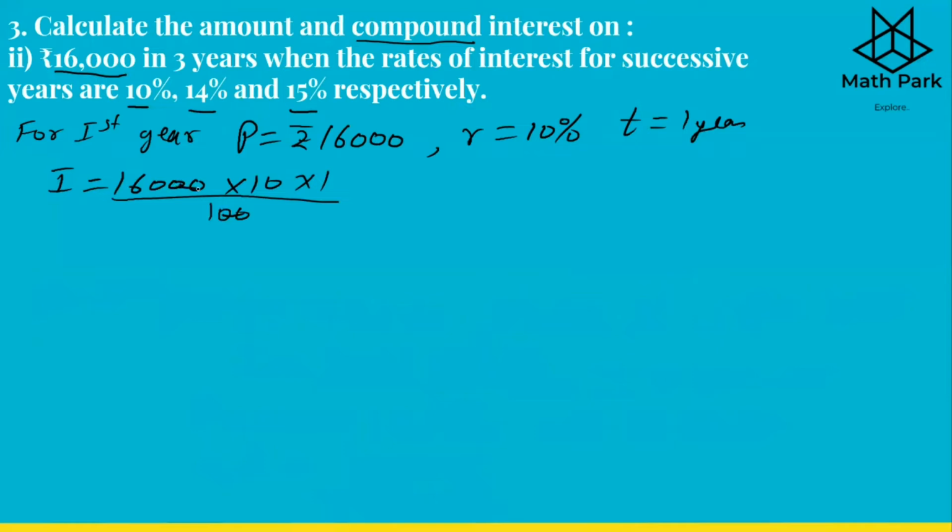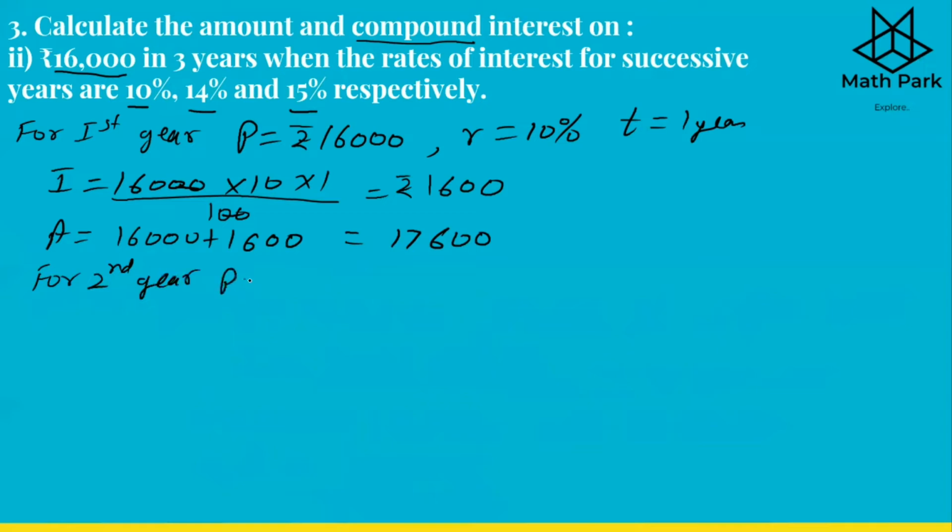On simplifying this, we get rupees 1,600. And then amount is equal to 16,000 plus 1,600, which is equal to 17,600. Okay, 17,600.